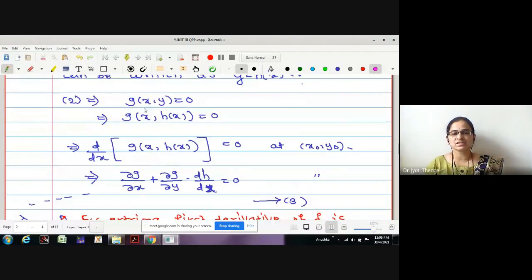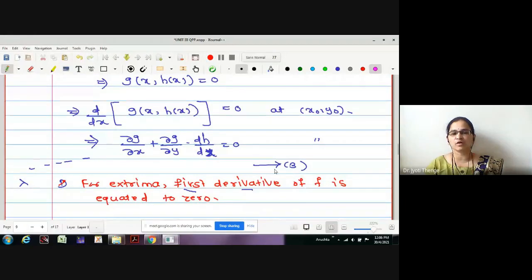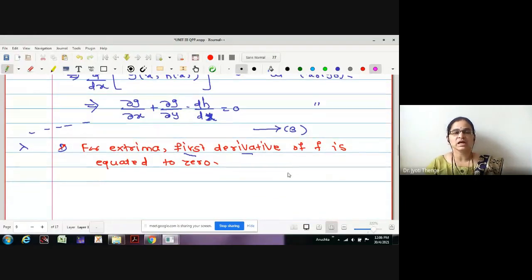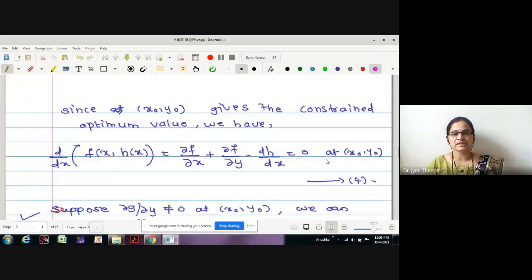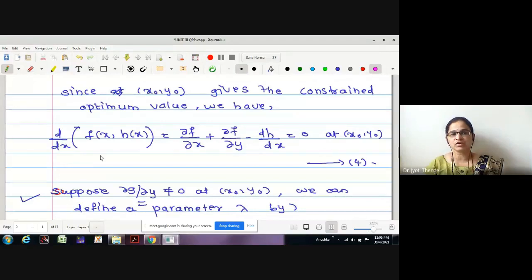Then differentiating g with respect to x, we obtain equation number 3. For the extrema of the objective function, the first derivative of f must be equated to 0. Finding the first derivative with respect to x, we replace the variable y with h of x. This is the second equation we have.